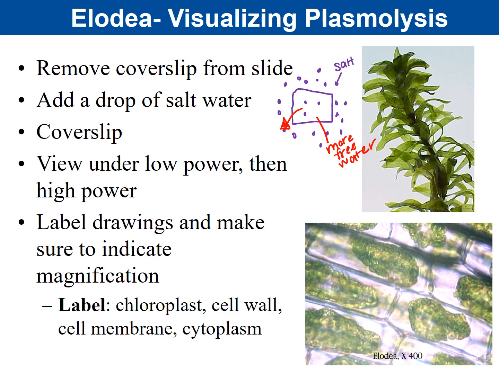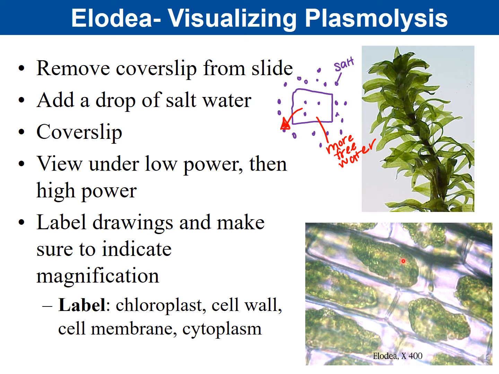And what ends up happening as a result is the cell membrane starts to shrivel and shrink in, because you have to think about the fact that a plant cell has a cell wall and a cell membrane. The cell wall is a very rigid structure. The cell membrane is very fluid.